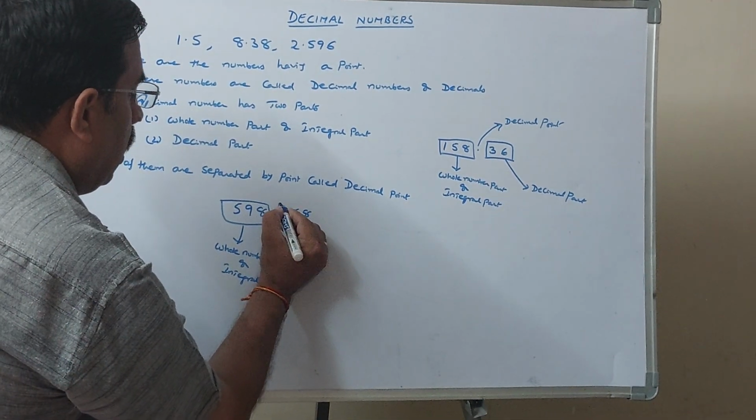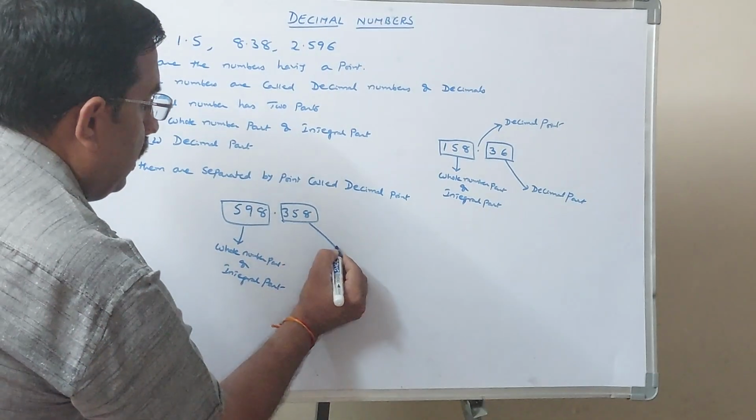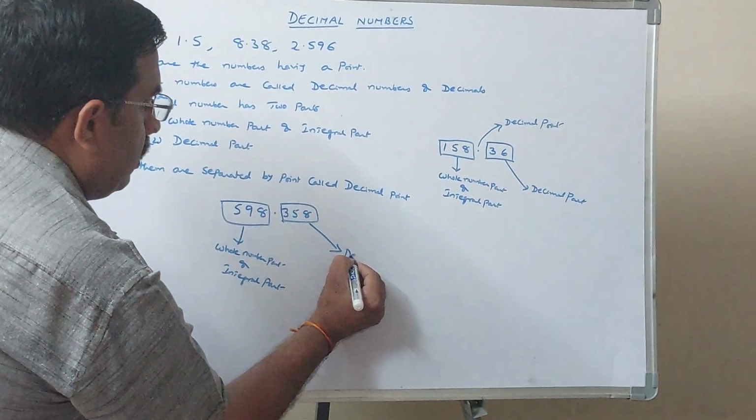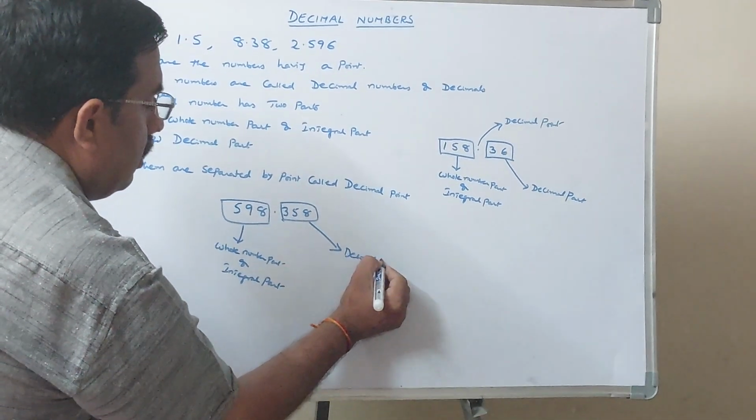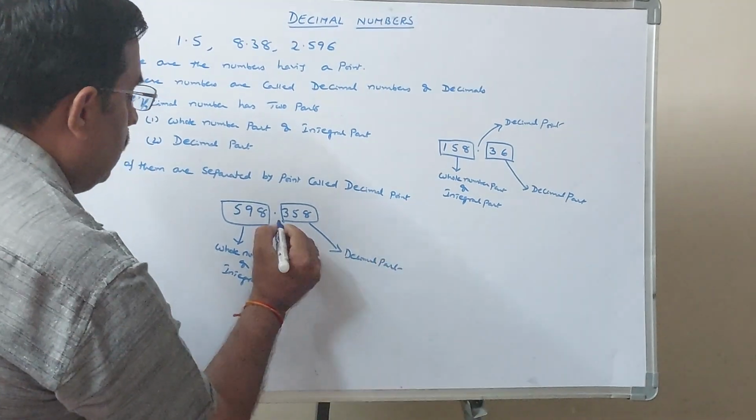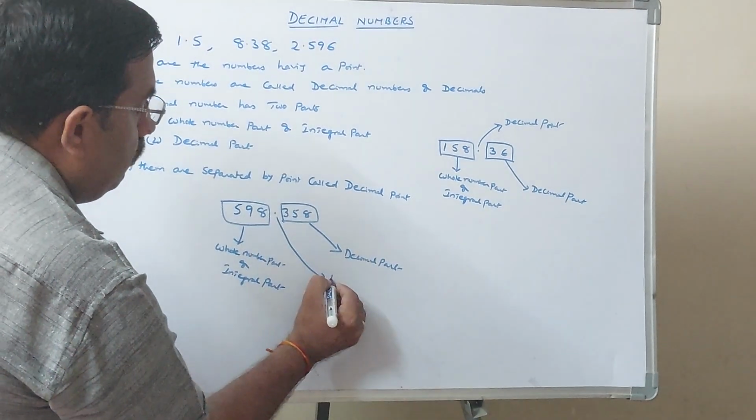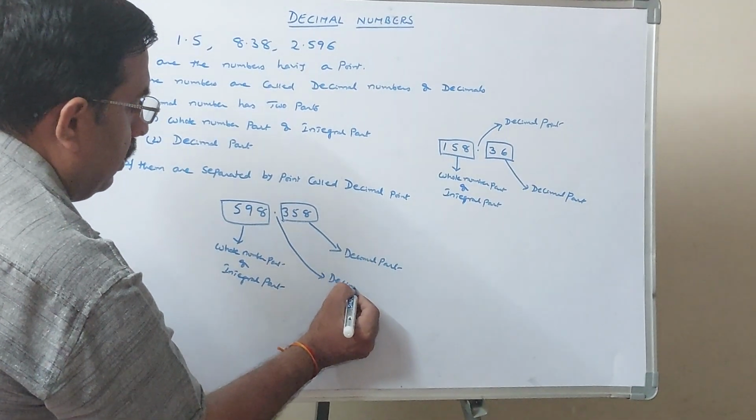This is called the decimal part. This is called the decimal point.